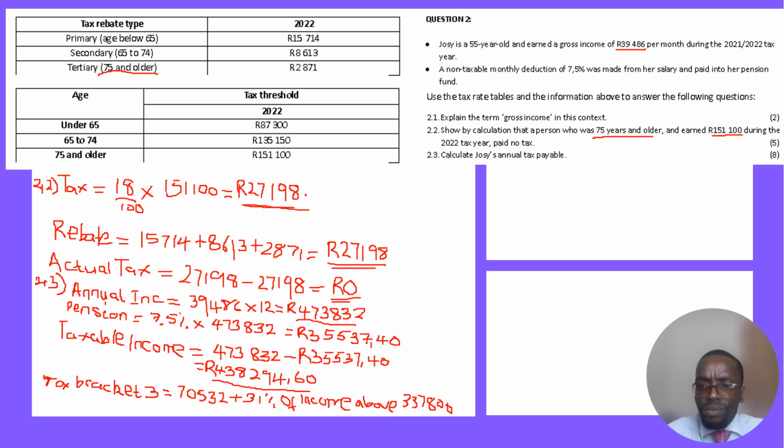We have 70,532 plus, open the brackets, 31 over 100 of the amount in excess. So we need to calculate the amount in excess.